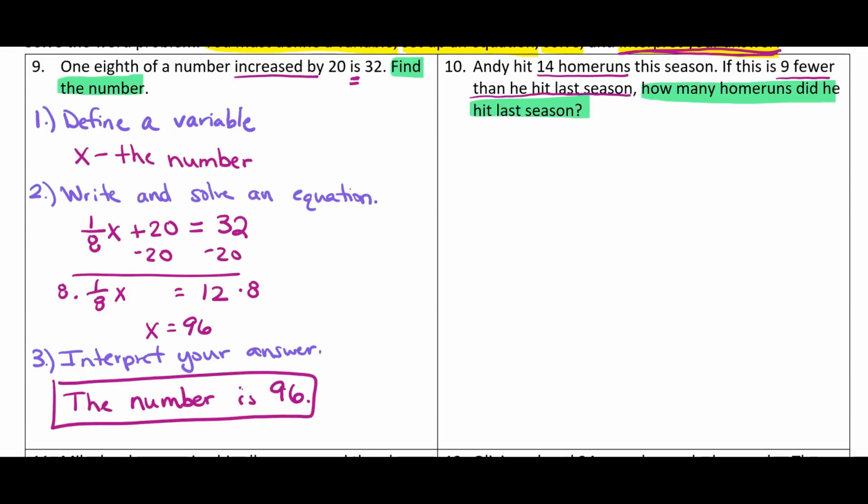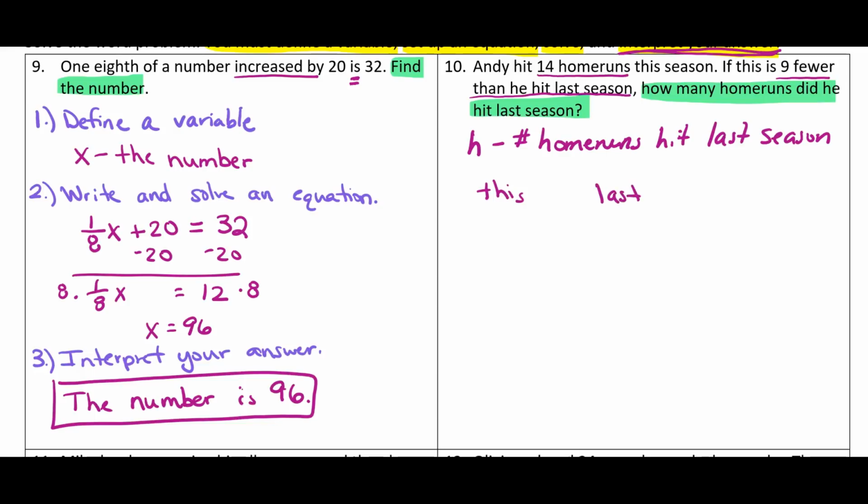Because we're talking about the number of home runs, we might want to use the letter H. So this is going to be the number of home runs hit last season. And that's important to include because we're talking about this season versus last season. It says he hit 14 home runs this season, so we're trying to compare this season with last season.